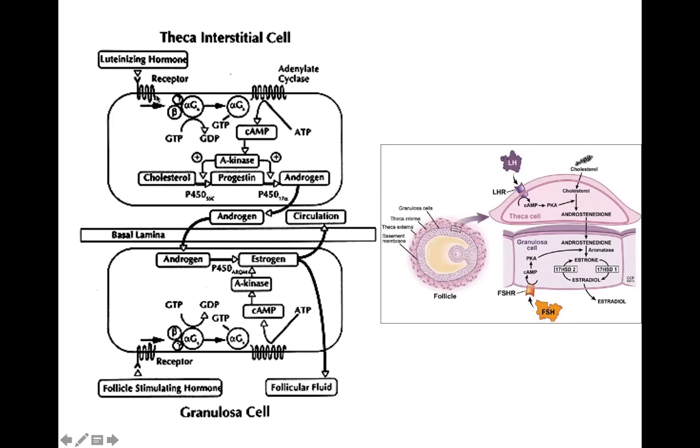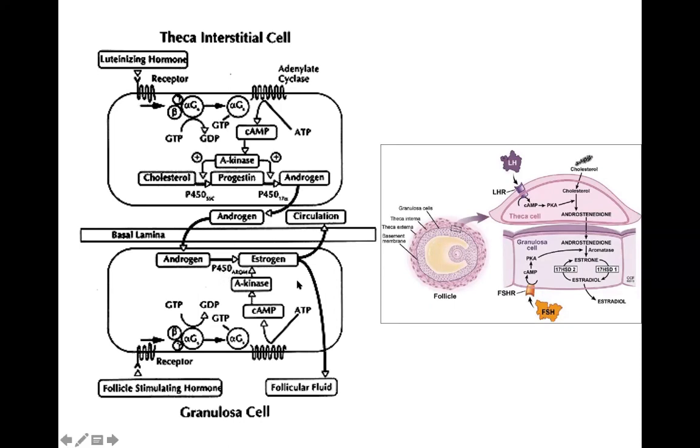The thecal cells are able to convert cholesterol, in the presence of 17-hydroxylase lyase, to androgen. This androgen then goes into the circulation and to the granulosa cells via the basal lamina, and in the presence of P450 it is converted into estrogen.